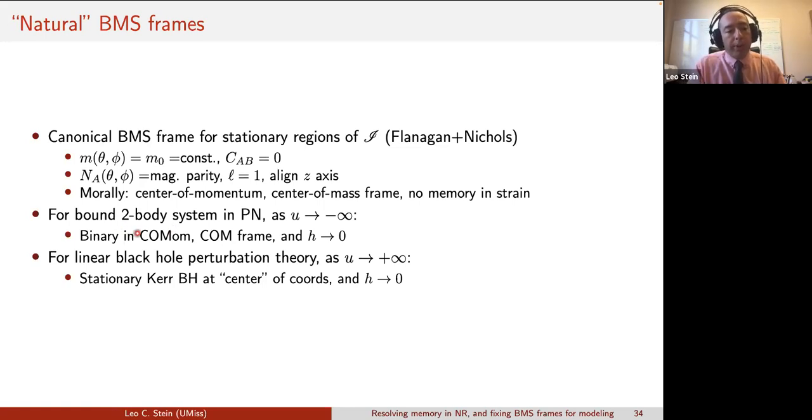And at very early times, you could make the center of mass of the binary be in the center of momentum frame and at the center of mass, and make the strain go to 0 as you go to minus infinity. Of course, our simulations start at some finite time, so we can't really achieve this, but we can try.